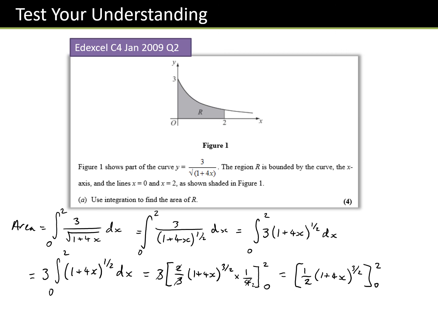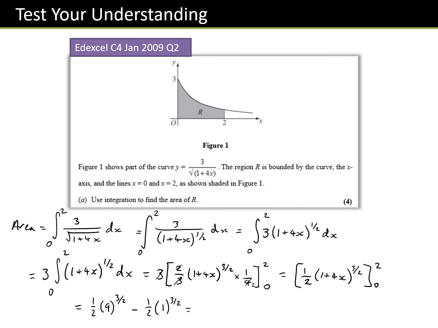Okay, now subbing those values in, so 2 into there, so a half times by, so 1 plus 4 times 2 is 9. And then the second one, when you sub 0 in there, so it's going to be a half, lots of 1 to the power of 3 over 2.